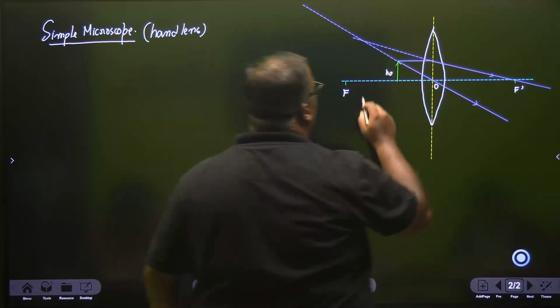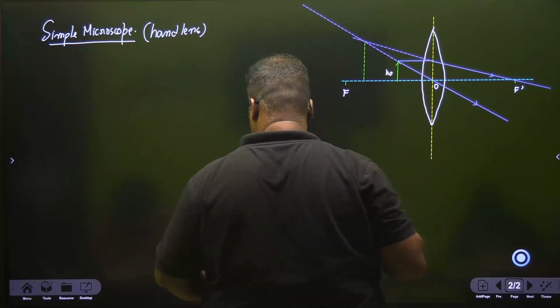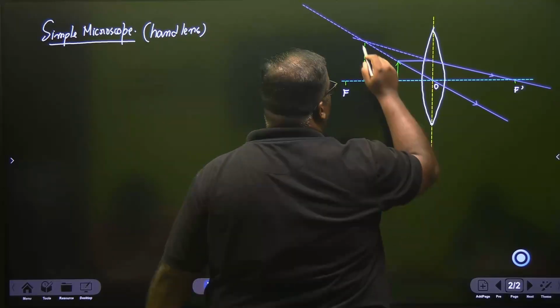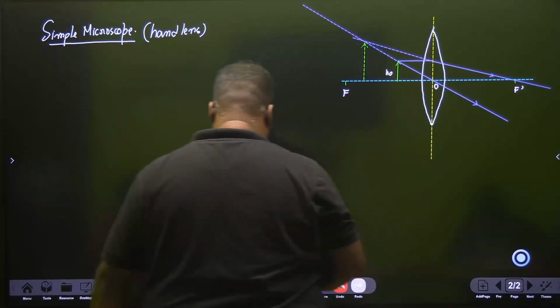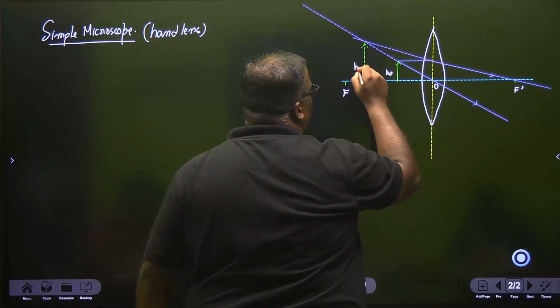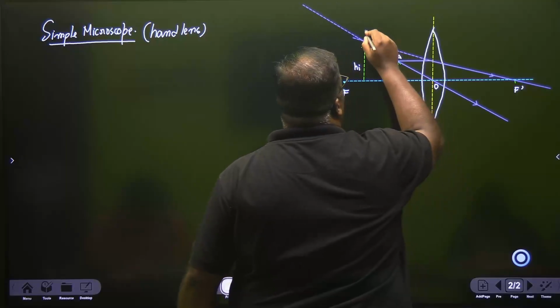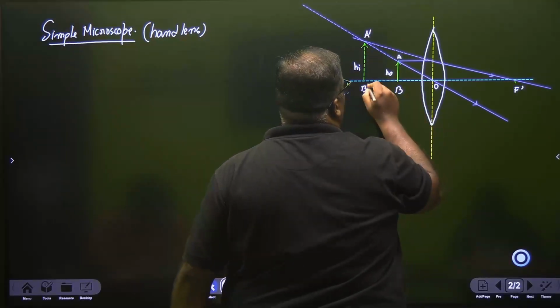More or less, not that bad. So you create an erect, virtual image, the height of which will be hi. If this is AB, then this is A dash B dash.